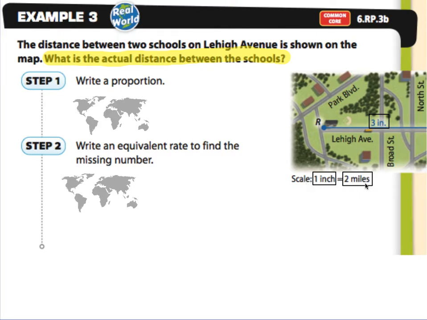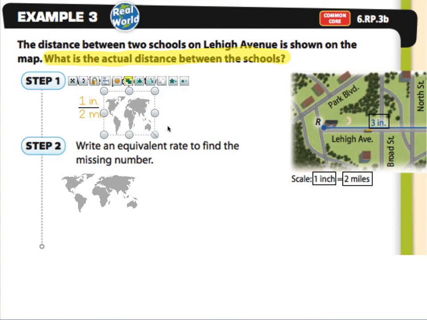One side of the proportion would be the ratio of our scale. All right, so first it would be our scale, which is 1 inch to every 2 miles. So for every 1 inch on the map, it's 2 miles in the real world. But then on our map right here, we measured how many inches? 3. That's right.